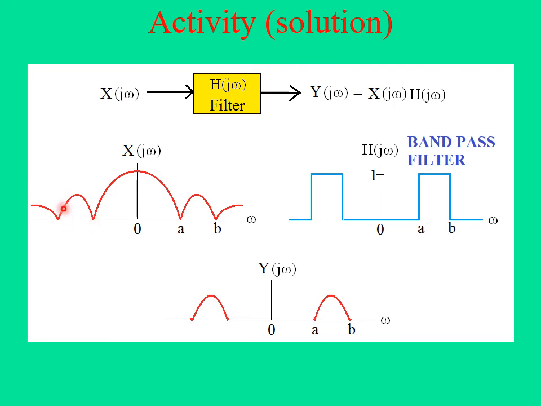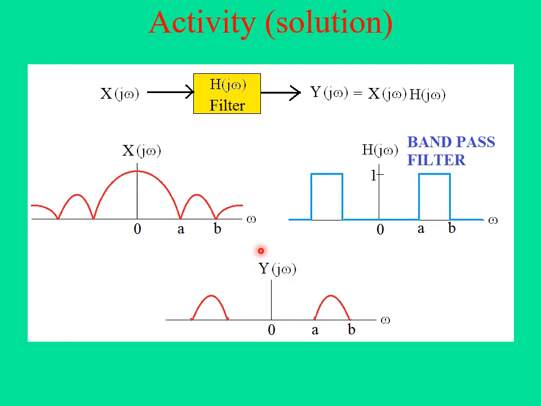So what we do is we just take our input transform X and multiply it by the frequency response H, because remember the output Y of j omega is equal to X of j omega multiplied by H of j omega. If we think of overlaying these two Fourier transforms on top of each other, we can see that the output is basically just whatever is between A and B, because that's the pass band of the filter.